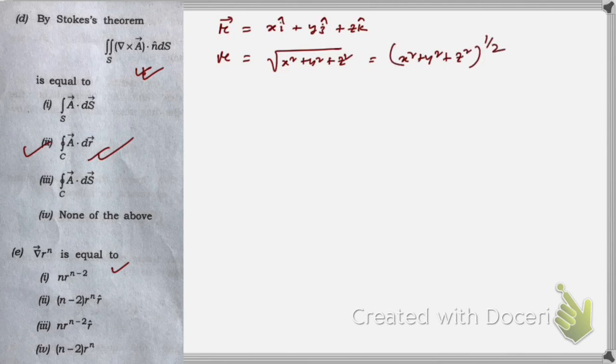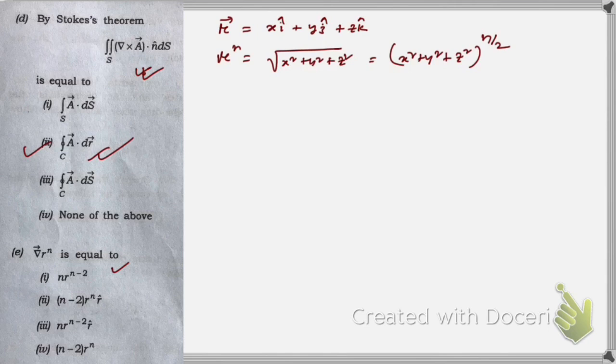If you take the power of r, r to the power n, then it will be x square plus y square plus z square to the power n by 2. Hope this is clear to you.